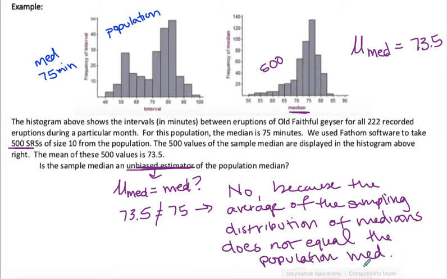So this would not be an unbiased estimator, meaning there's some bias in medians that is keeping it from being the exact same as that 75.